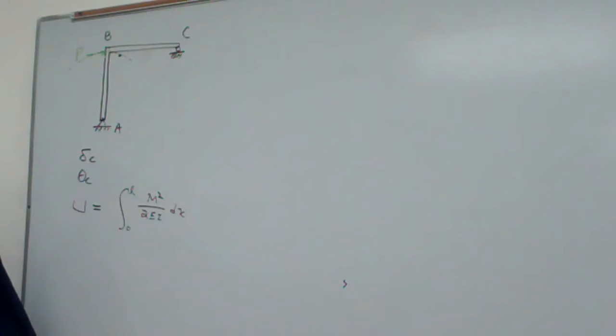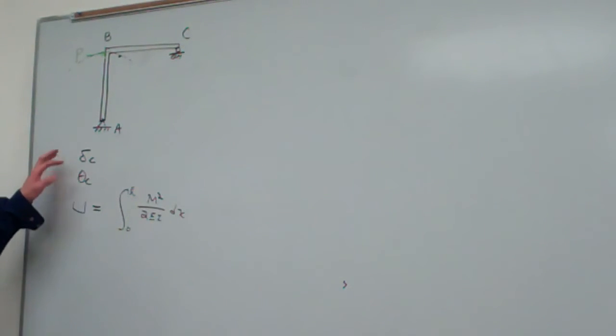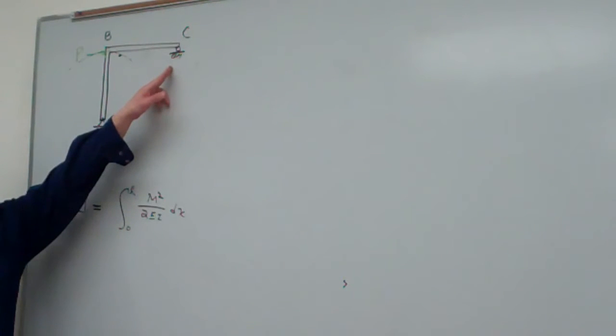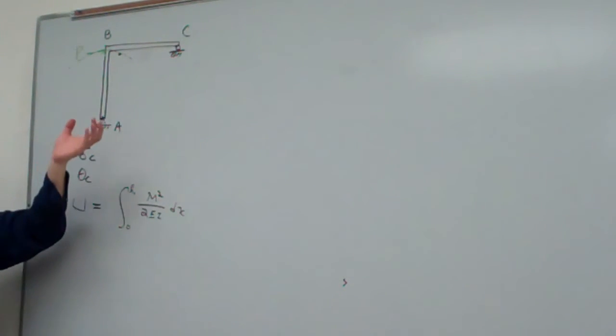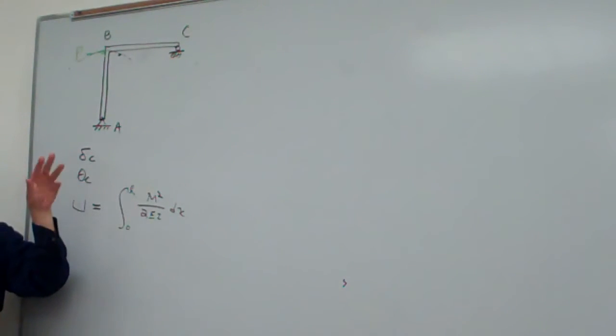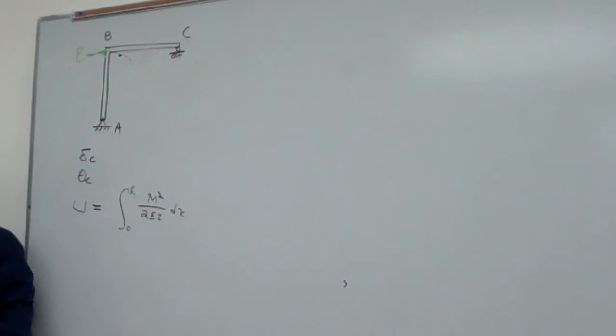So to solve that, we would use Castigliano's principle and method 3 to solve for the strain energy, then take the partial derivative and find the displacement. But to find theta at C, because there is no loading there, we must assume an additional virtual loading at C. The type of loading to produce slope will be a moment.